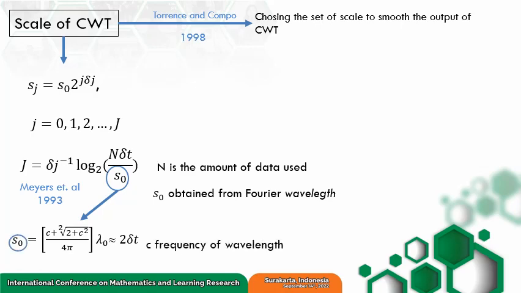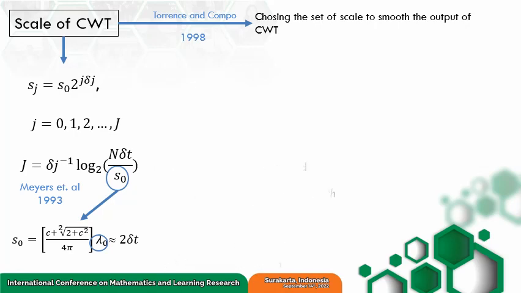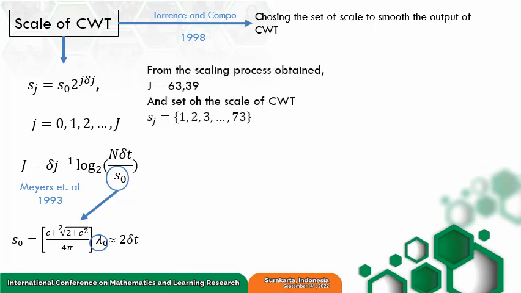C is the frequency of wavelength. Lambda 0 is a Fourier wavelength. From the scaling process, we obtain the value of G and the set of scales of the continuous wavelet transform.